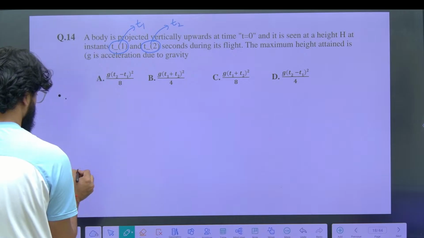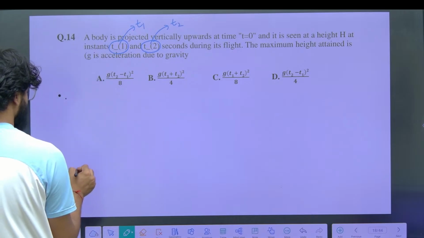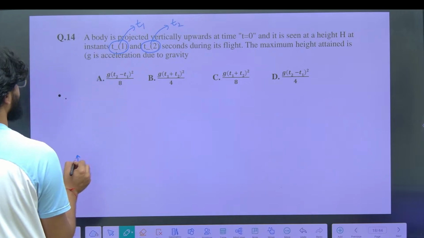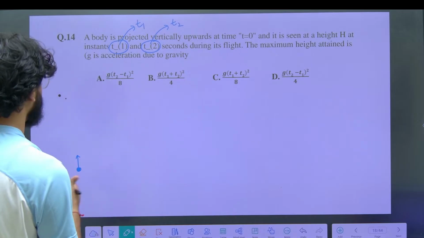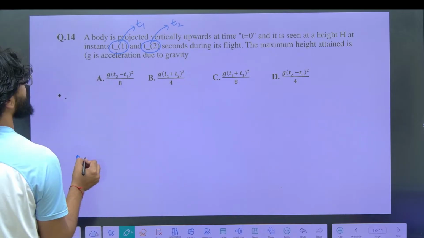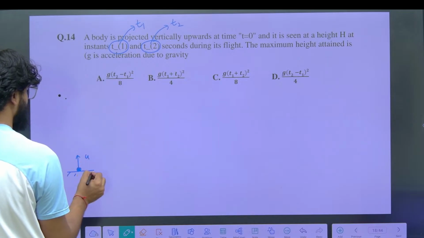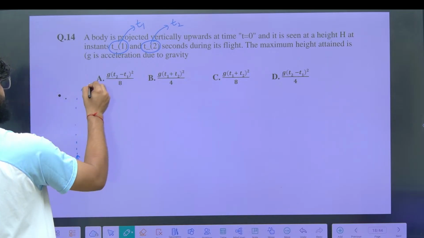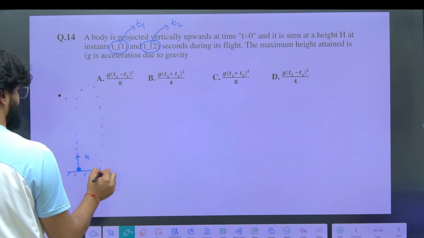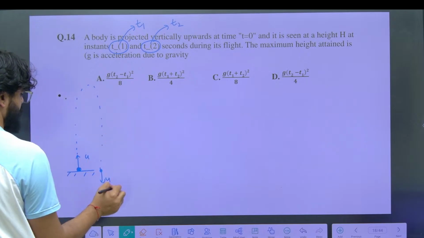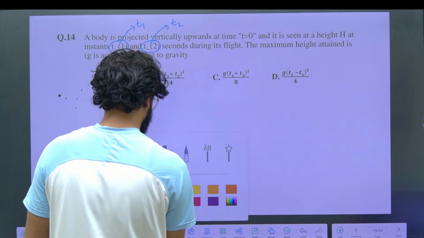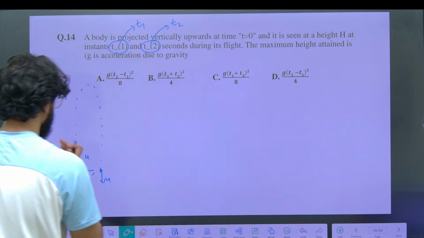Okay, basically it is a question from motion in 1D, because we are projecting it upwards. So let's say we are projecting with initial speed u.